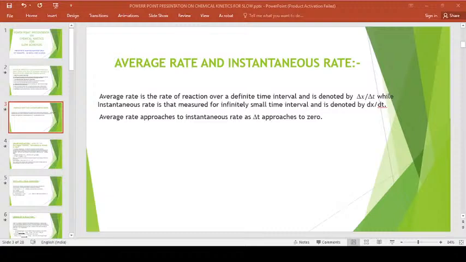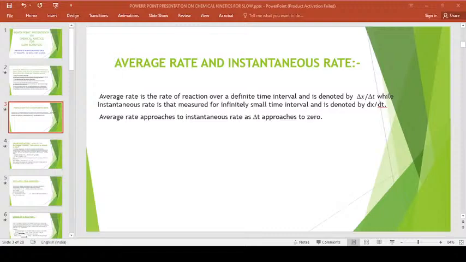Okay, sir. Now let us come to average rate and instantaneous rate, and let us see under what condition average rate may approach instantaneous rate. Average rate is the rate of reaction over a definite time interval, and it is denoted by delta x divided by delta t. Instantaneous rate is that measured over infinitely small time interval.